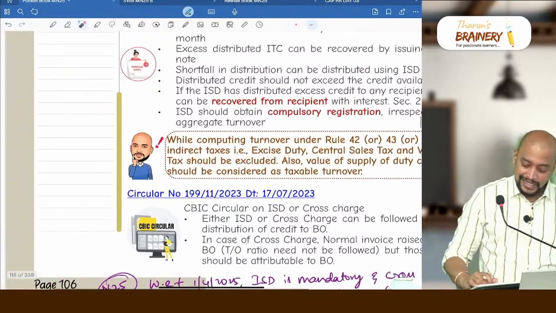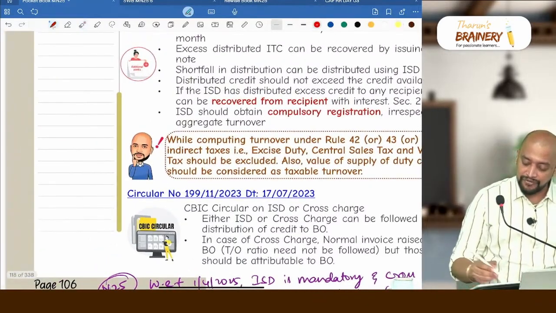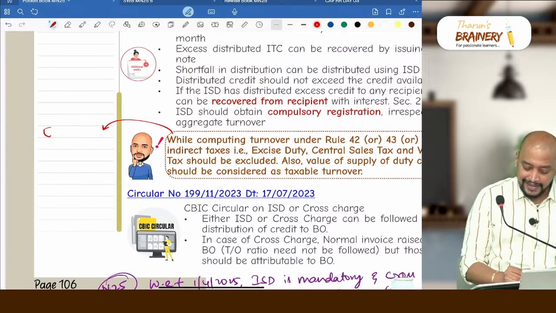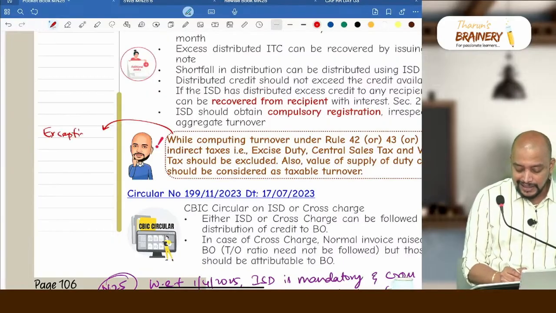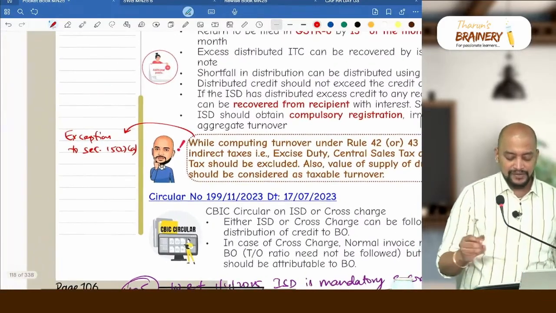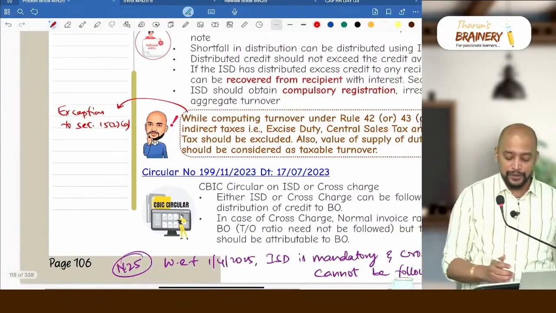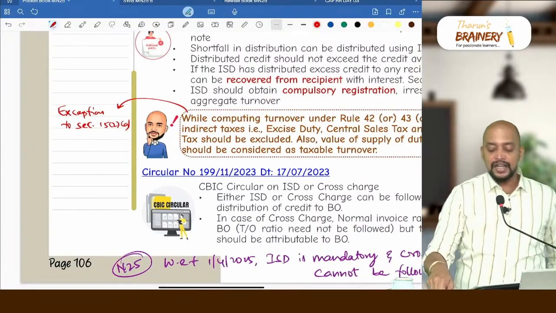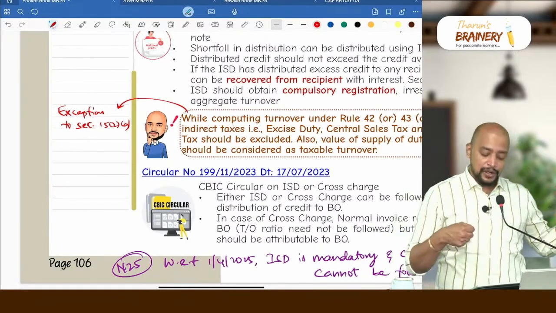So this is actually an exception to section 15(2)(a). Consequently this old indirect tax also should be included in the value.